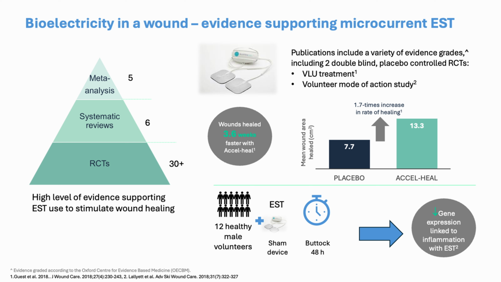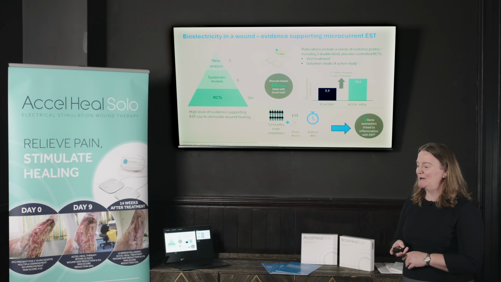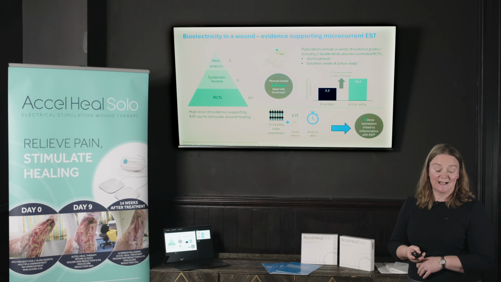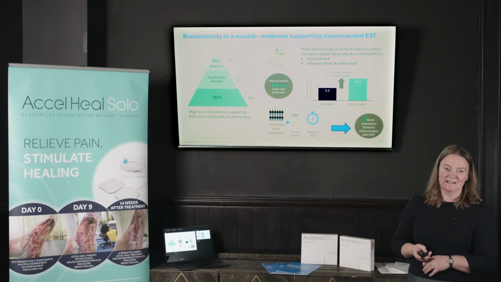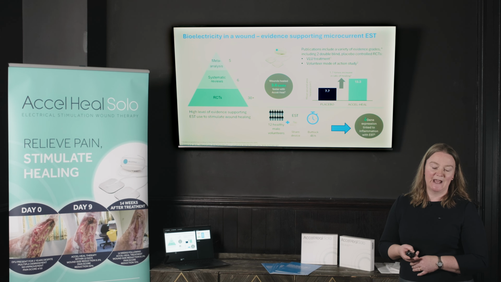After 48 hours of treatment, those healthy volunteers were sampled and a tissue biopsy taken, and the gene expression of the cells within that tissue biopsy was analysed, and it also showed a reduction in gene expression of cells that were linked to inflammation, which again we understand might have a role in what we see clinically with the pain reduction that we see when we use Accel Heal.